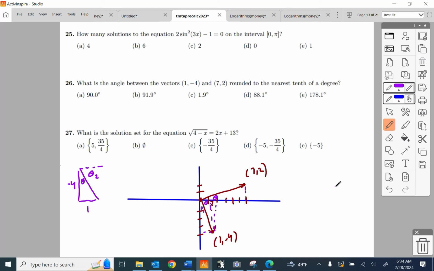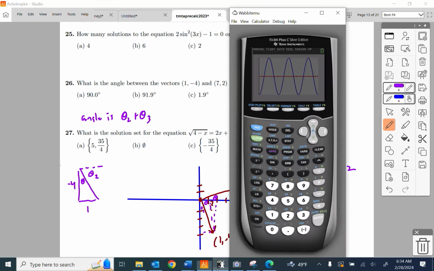And then I'm going to add to it that guy. We call it theta 3. But I need to find theta 2 and theta 3. That's the actual deal. The angle I want is going to be theta 2 plus theta 3.